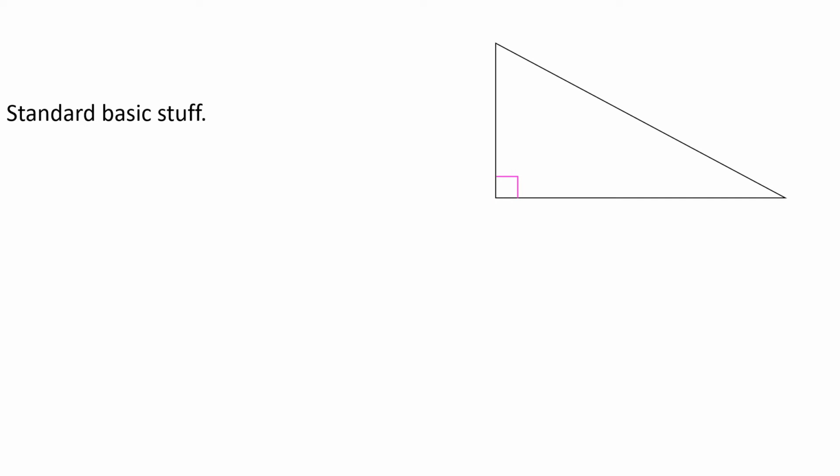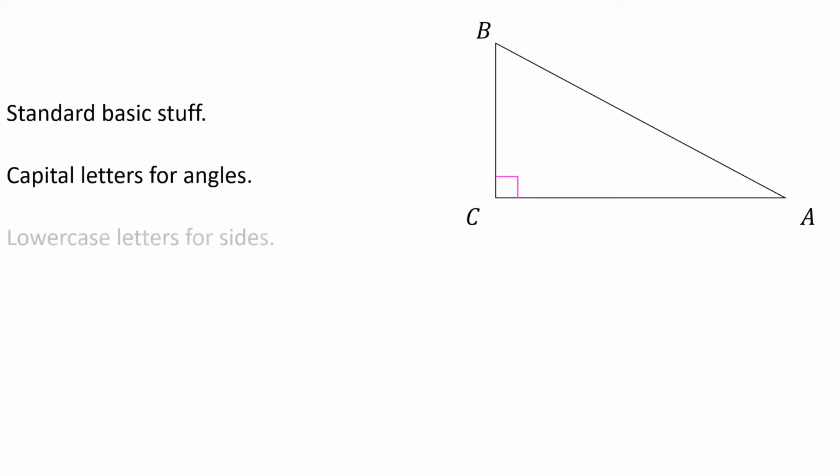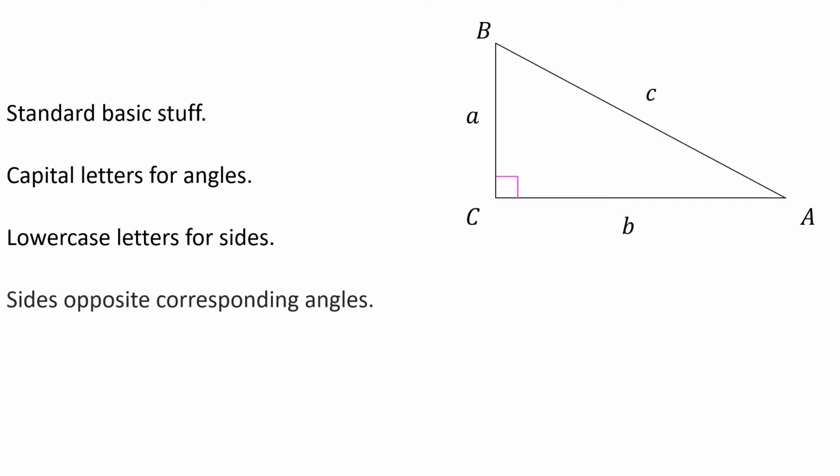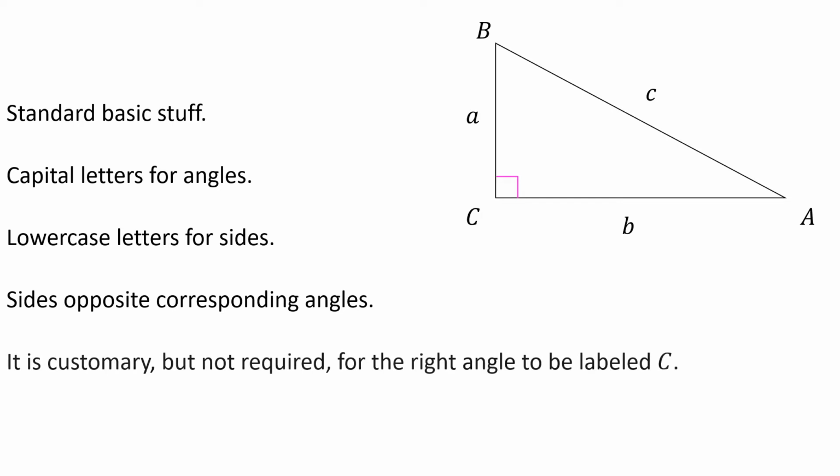Now again, some standard basics. The angles will always use capital letters, lowercase letters for the sides. And of course, the side is named because of the angle it's opposite.